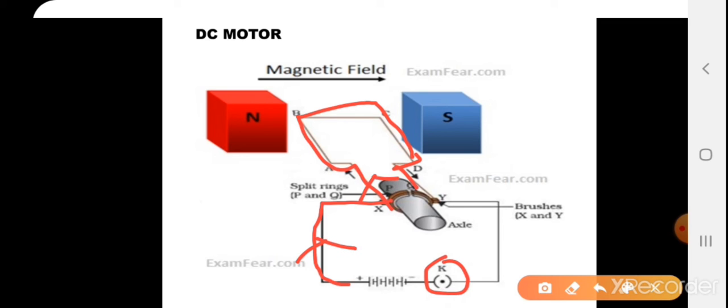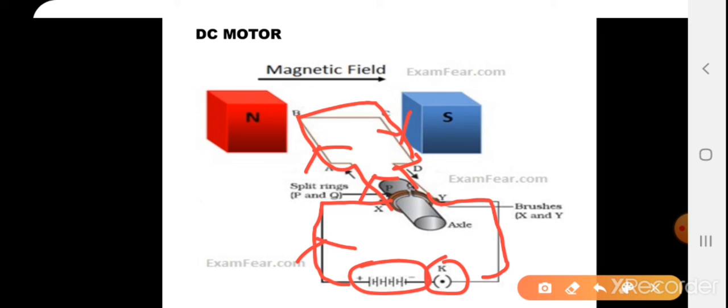So, when current passes through this coil, there will be a magnetic field on this coil, and due to that magnetic field, a force is created on this rectangular coil, and that force makes this motor produce a rotational motion, where electrical energy is used in order to produce mechanical energy.